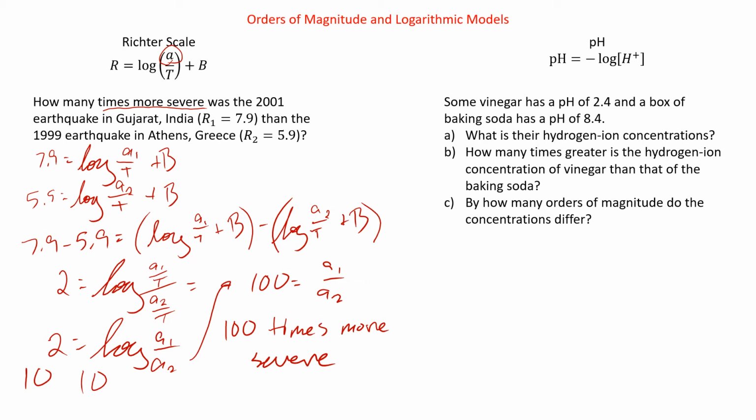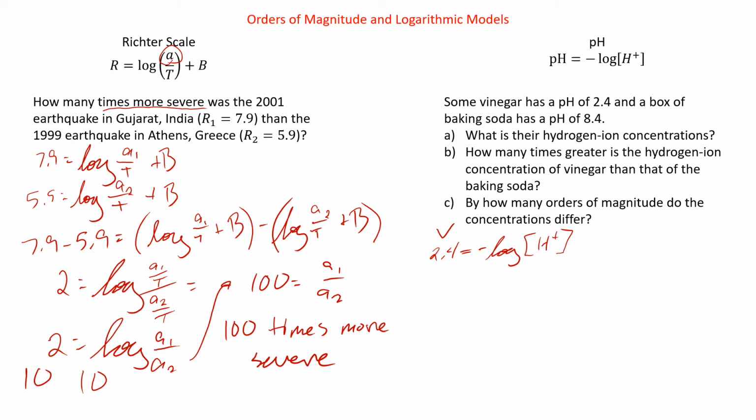So, first step, what is their hydrogen ion concentration? We have vinegar first has a pH of 2.4, so we get 2.4 equals negative log of H plus, and that whole thing's just going to be a number.